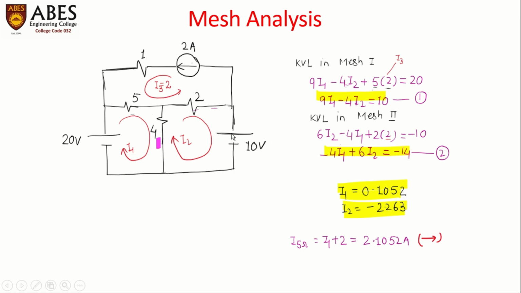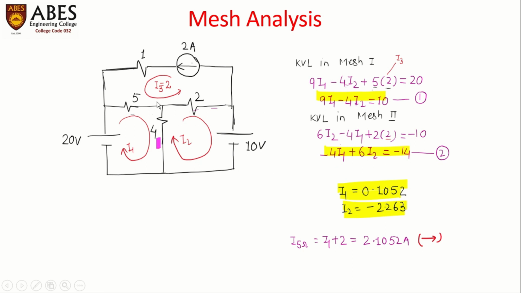If the current is moving in clockwise direction, then I2 will flow from higher to lower potential. That's why we have to write here minus 10. After solving this equation, we will get the value minus 4I1 plus 6I2 is equal to minus 14.